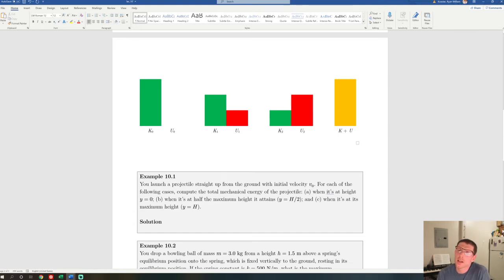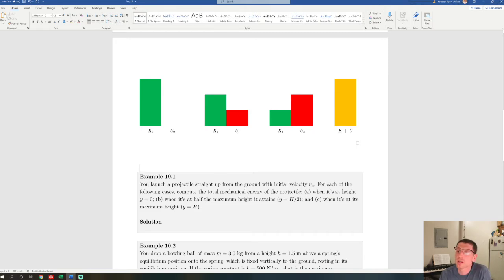And so here the kinetic energy is decreasing even more, and the potential energy is increasing, right? And I drew this so that this column plus this column has the same height as this column, right?